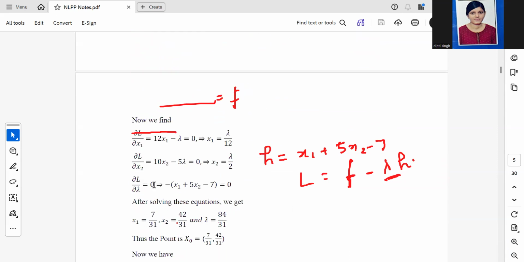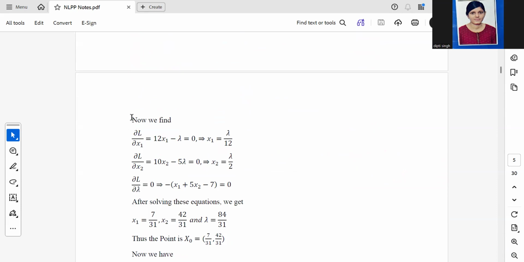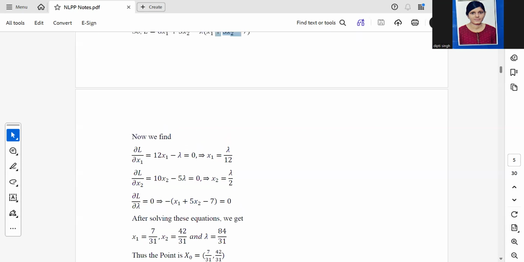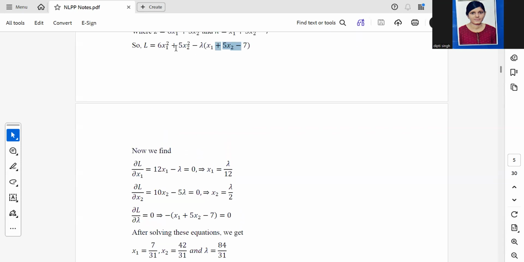Now to find the condition for maxima and minima, we calculate the partial derivative of L with respect to x1. If you partially differentiate with respect to x1, you get 12 x1 minus lambda. If you calculate the partial derivative with respect to x2, you get 10 x2 minus 5 lambda equal to 0. And if you partially differentiate with respect to lambda, you get this one.